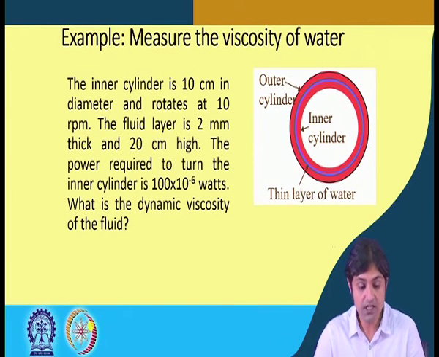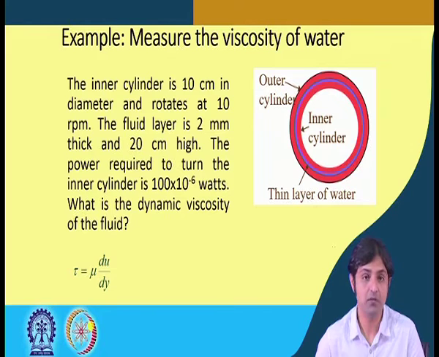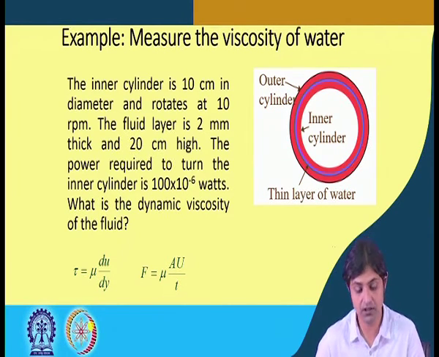As you have seen, one of the equations that can be used to find the dynamic viscosity is tau is equal to mu du by dy, and F is equal to mu A u by T. These are the same equation. One is written in the differential form, the other in the form which we normally write, and we require it in this case as well.